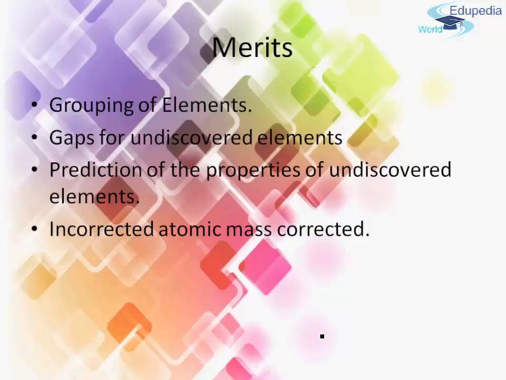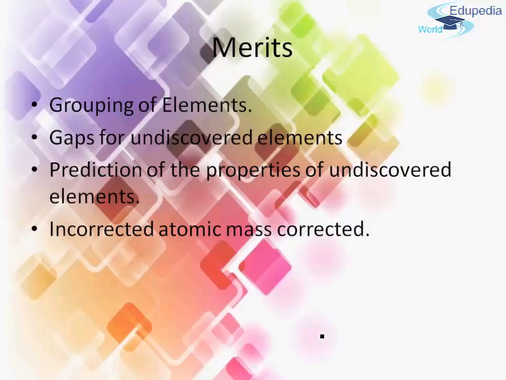Second, gaps for undiscovered elements. Yes, Mendeleev's periodic table left proper gaps in the periodic table for the then undiscovered elements like gallium, scandium, and germanium. And when these elements were discovered later on, they were placed in those gaps without disturbing the existing elements.